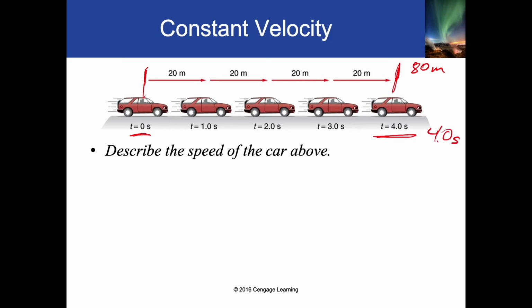And previously, I already told you that the formula for the velocity is v equals distance divided by time. So all you have to do is say that equals 80 meters for every 4 seconds.